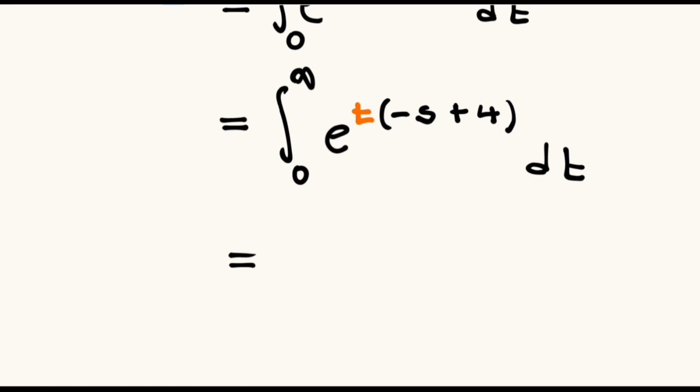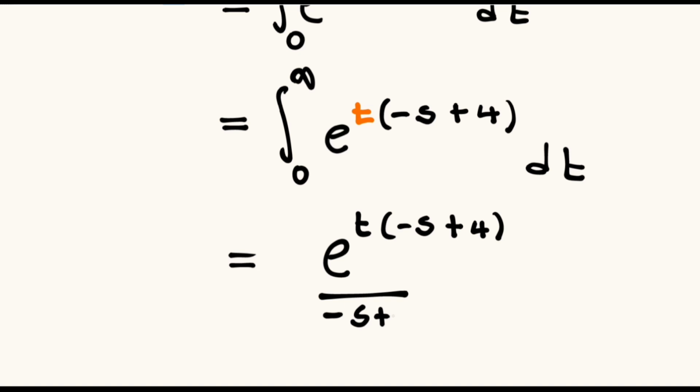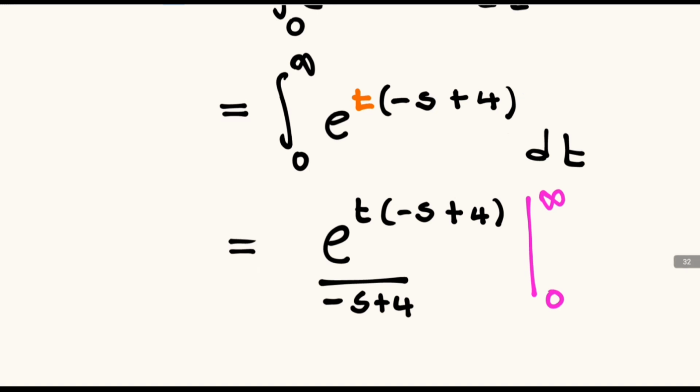The integral of e raised to the power t into negative s plus 4 will be equal to e raised to the power t into negative s plus 4 divided by the negative s plus 4, and our limit is from 0 to infinity.